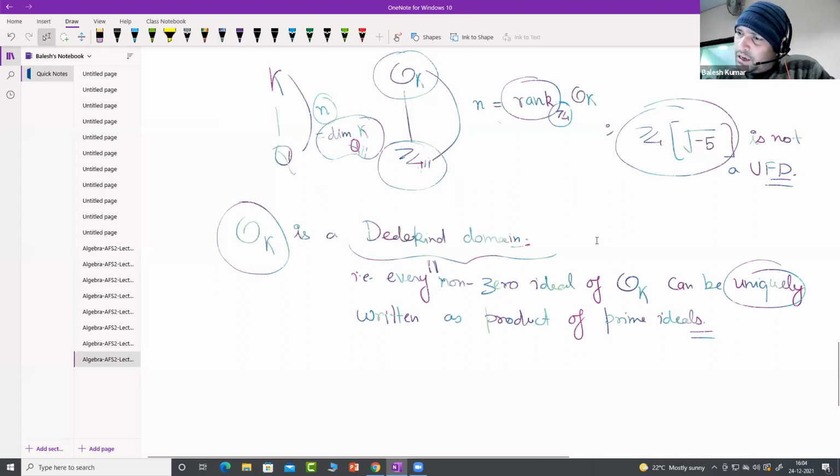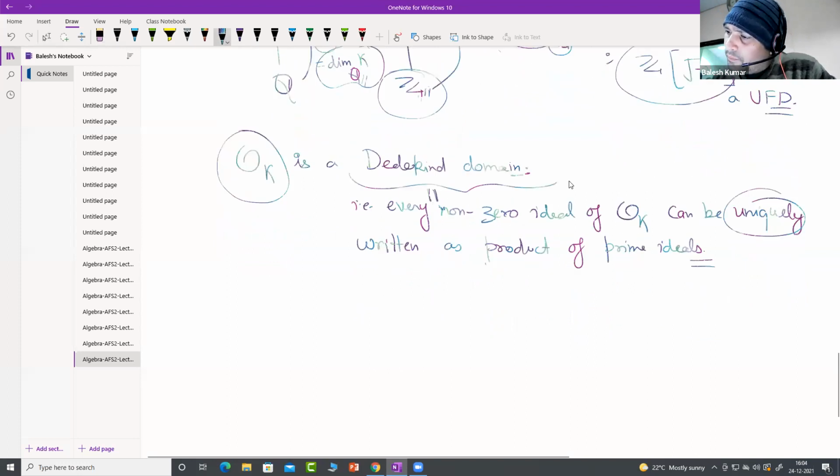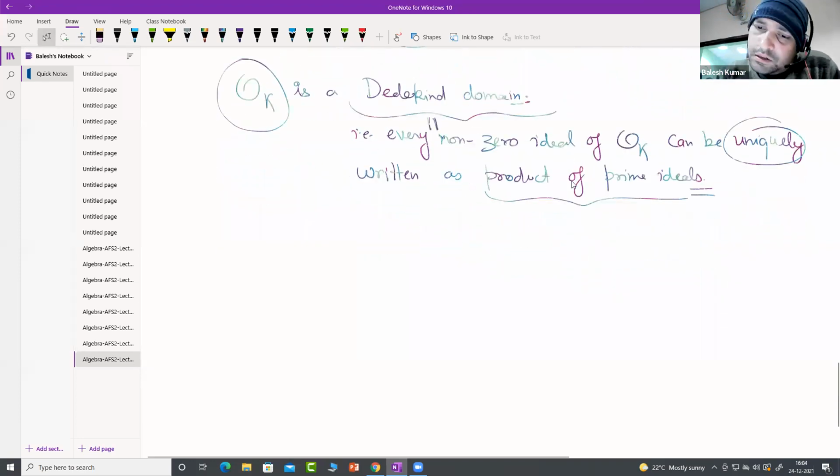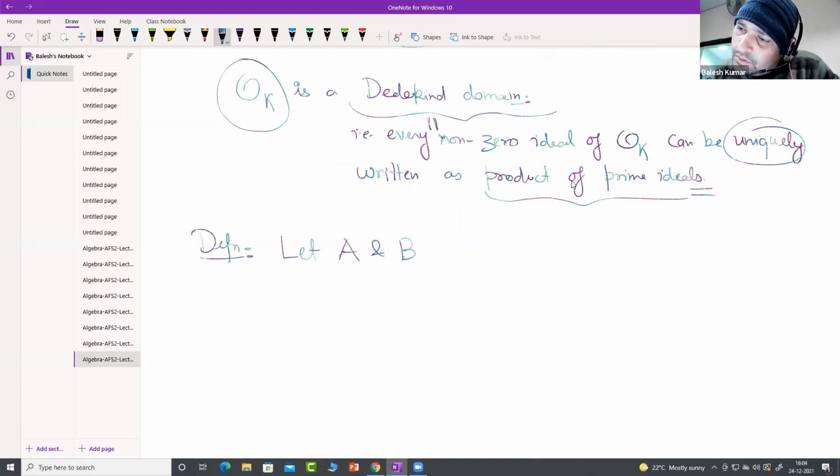Since we are talking of a product of prime ideals, let me define what we mean by the product of ideals. For example, let A and B be two ideals of O_K.